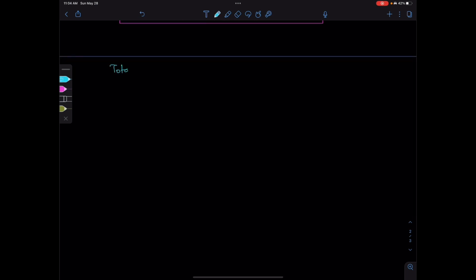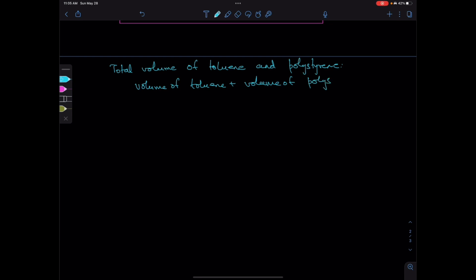Total volume of toluene and polystyrene is volume of toluene plus volume of polystyrene. Molecular weight of polystyrene is given as 2 times 10 to the power 5 grams per mole.